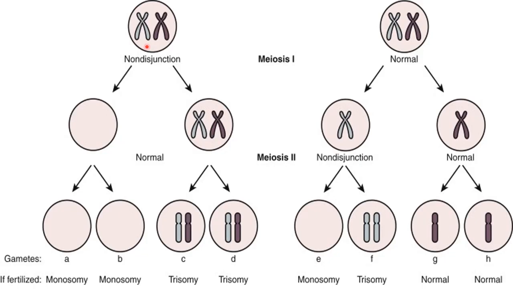But here you can see these homologous chromosomes do not separate at anaphase, and that's why only one cell will receive both chromosomes and another cell will receive no chromosome.